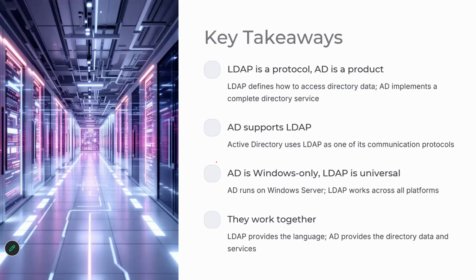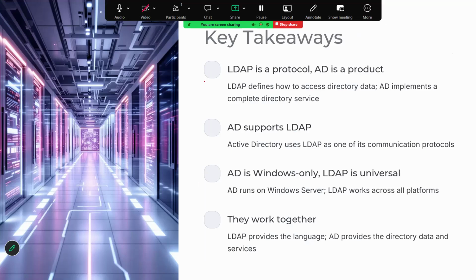And hence the key takeaways today from this topic: LDAP is a protocol, Active Directory is a product. So LDAP defines how to access directory data. Active Directory implements a completely specific directory service, a key store, or a database, we can say, a directory store.